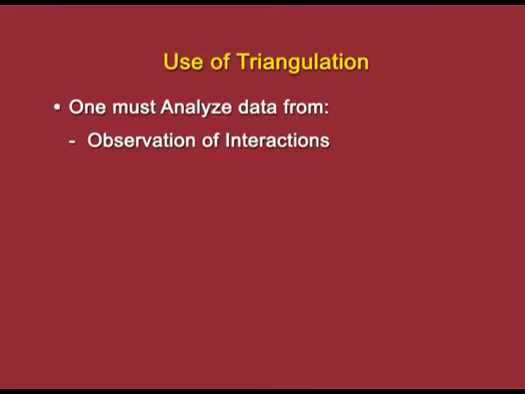Now, another thing you can do is that whatever qualitative data you have with you, you can analyze it using triangulation. This has to be done from 3 points of view. Number 1 is observation of the interactions.